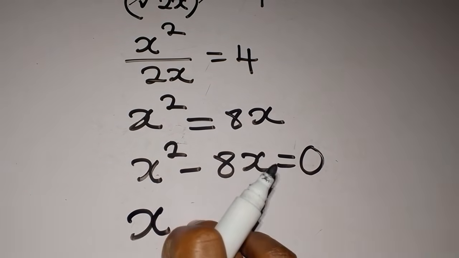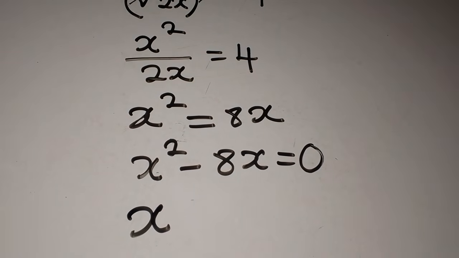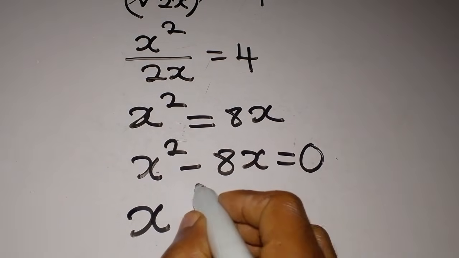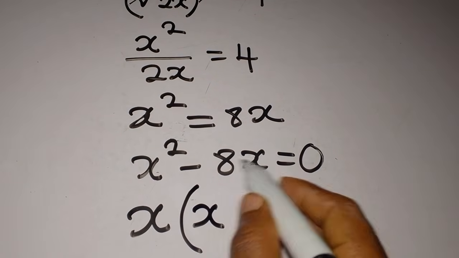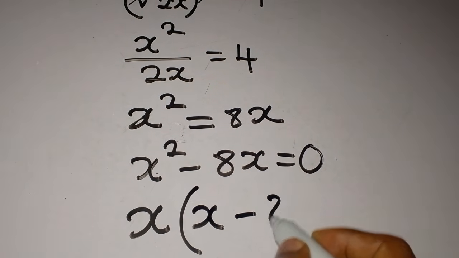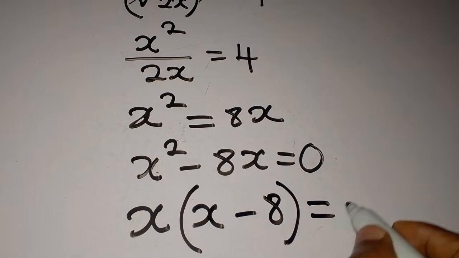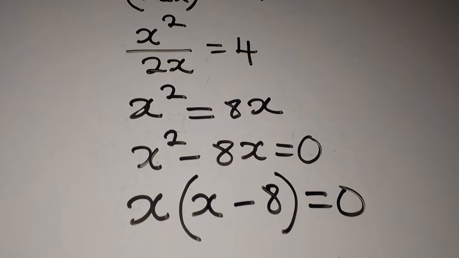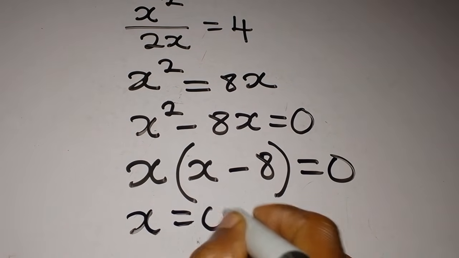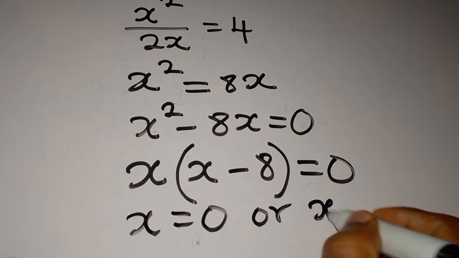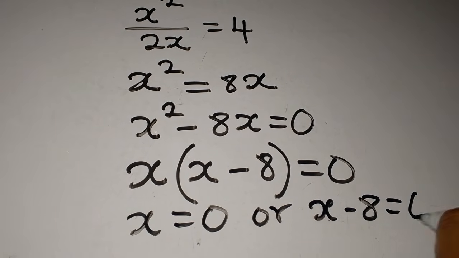So to continue, we have x squared. We're going to factorize right away. What is common to these two terms is x. So one x will be in here. Since x is out, here we're going to have x minus 8, and we equate to 0. So from here now, our x is equal to 0, or x minus 8 is equal to 0.